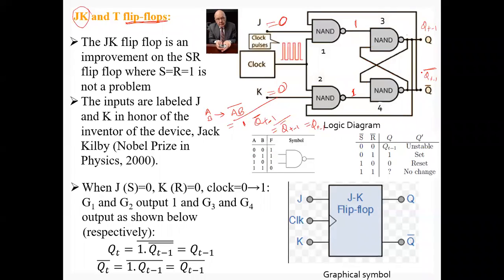So when J equals 0 and K equals 0, QT equals QT minus 1, QT bar equals QT minus 1 bar.